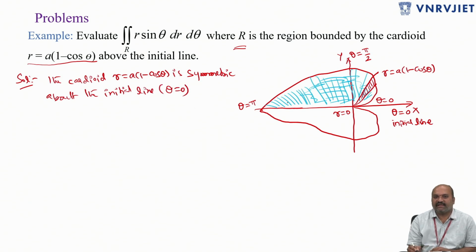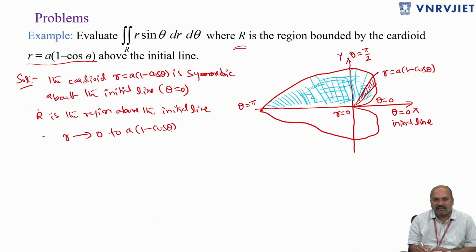So here the region of integration is only above the initial line. Therefore, r varies from 0 to a into 1 minus cos theta, and theta varies from 0 to pi. Let's evaluate the integral.